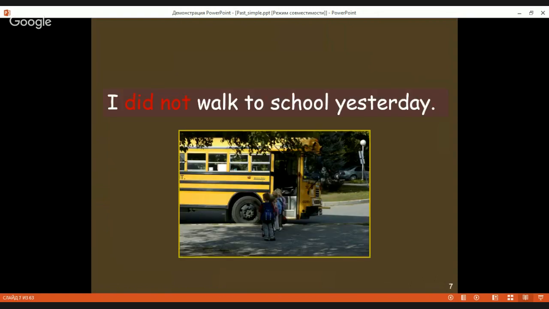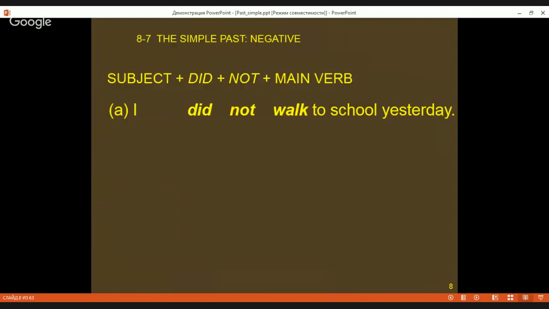Let's look at the negative sentence structure. I did not walk to school yesterday, logically, because I took a bus. As you can see, the negative form is constructed using the subject, the auxiliary verb did, the particle not, and the main verb in its infinitive form. I did not walk to school yesterday.